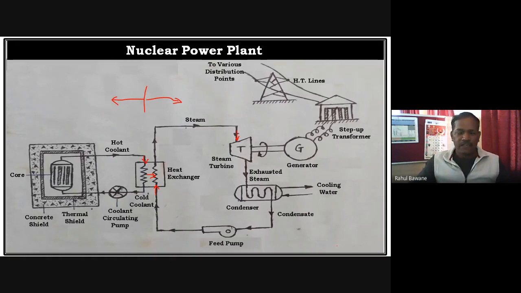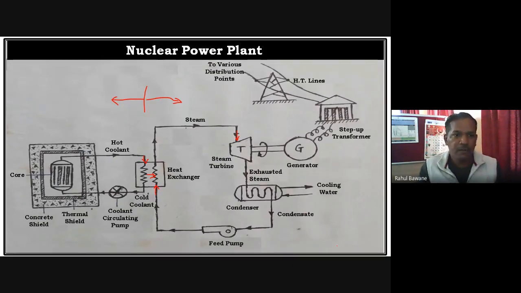In short, if I am going to repeat the working, if I am able to draw this diagram, then I put the diagram's details into words. Definitely this question is for 6 marks, so 3 marks for your diagram and 3 marks for your description. So from the 3 marks point of view, I am going to explain the working of this power plant.